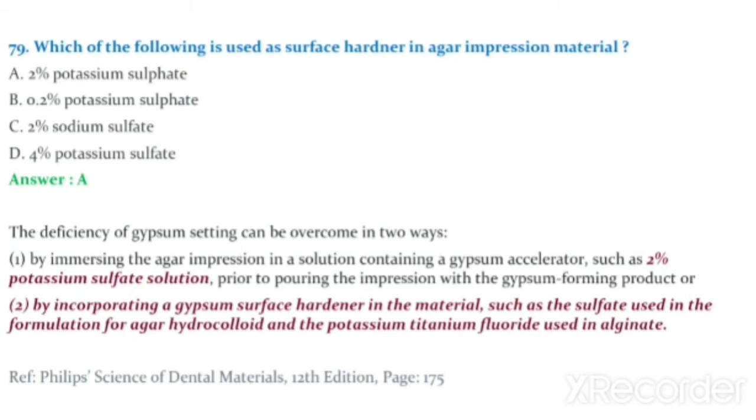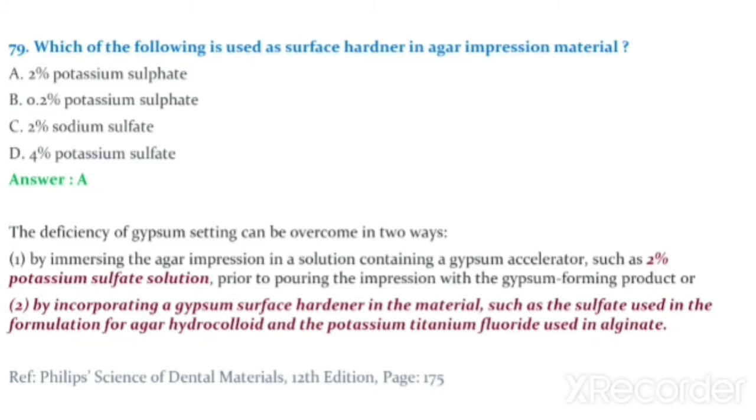The deficiency of gypsum setting can be overcome in two ways. 1. By immersing the agar impression in a solution containing a gypsum accelerator such as 2% potassium sulfate solution prior to pouring the impression with the gypsum forming product, or 2.